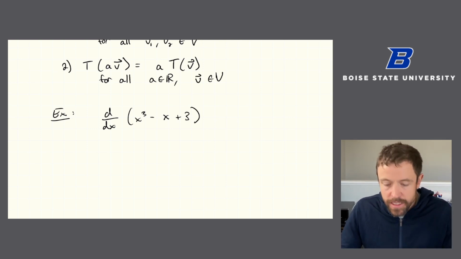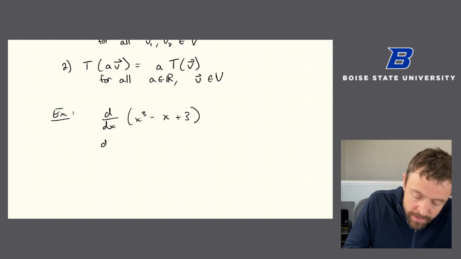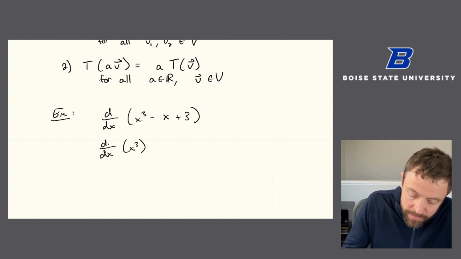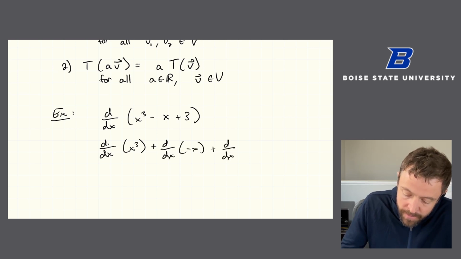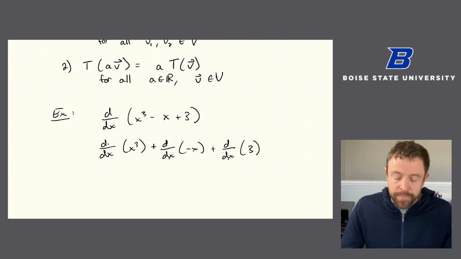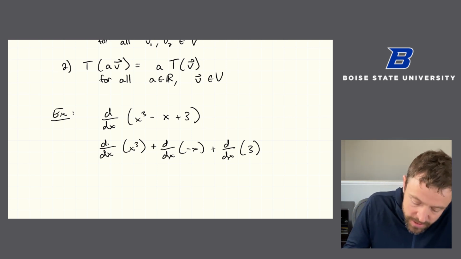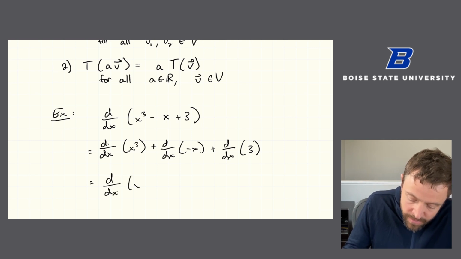But the way that you take this derivative is you first say, hey, this thing respects addition. I can split this up over addition. And you say, oh, this also respects scalar multiplication. So this negative sign I can pull out.